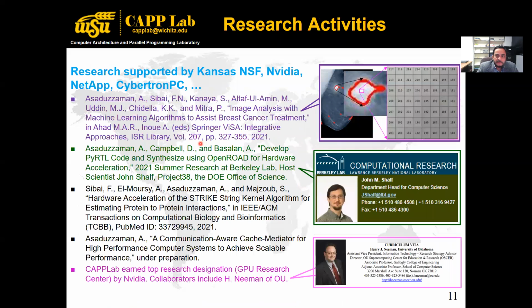Now I'll take a couple of moments and share a few activities of my research lab. My research lab got support from Kansas NSF through the FSCore project and from NVIDIA, NetApp, Cybertron PC, and some other industries.